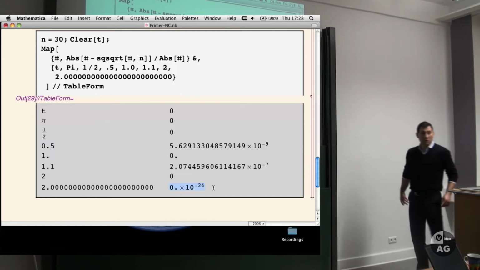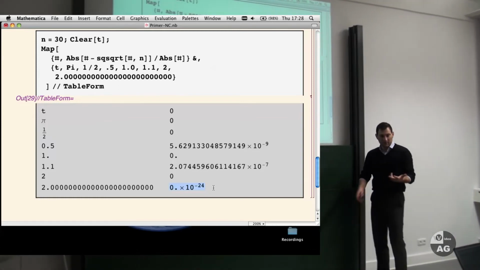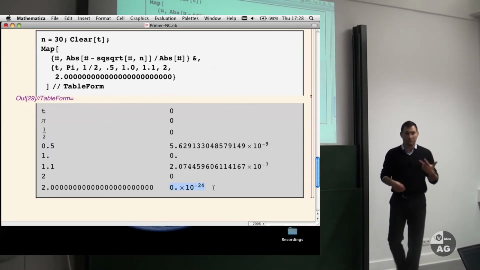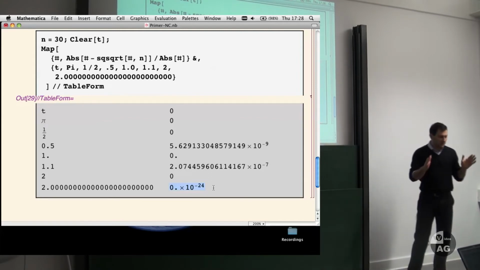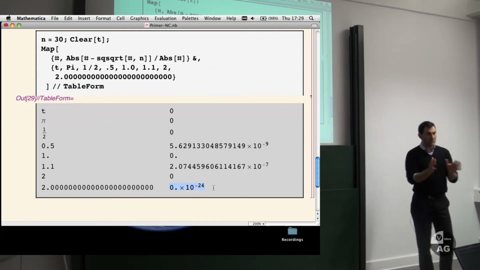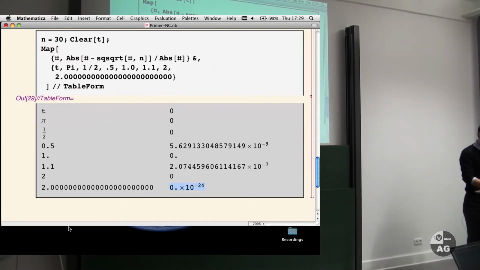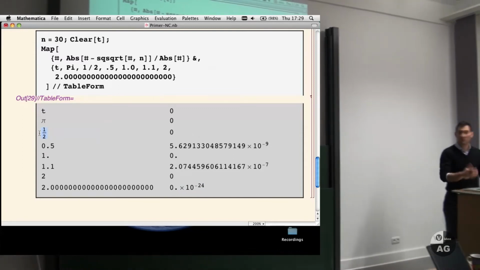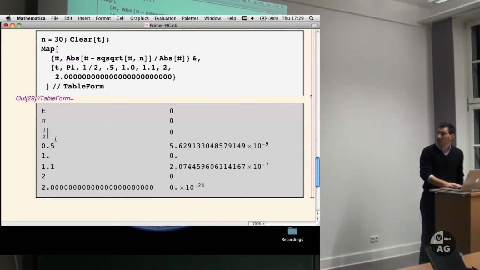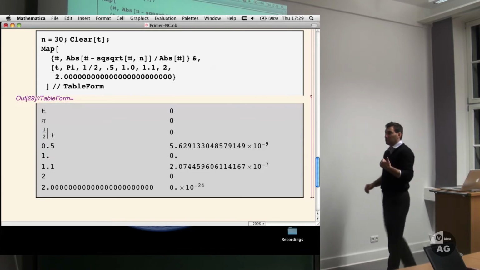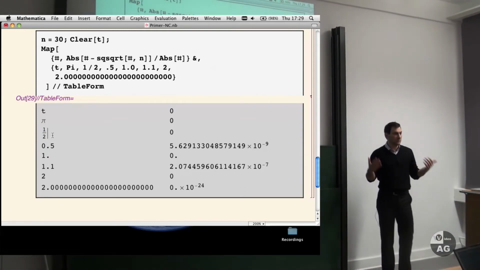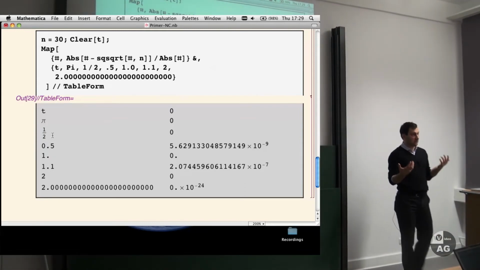Okay, what's the moral of this story? In Mathematica there are at least 3 different types of computations. Let's say that if we stick to numbers, then we really have 3 different types. One is integers or ratio of integers. So there is no approximation, we are working with just integers.